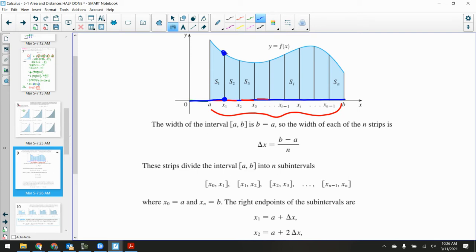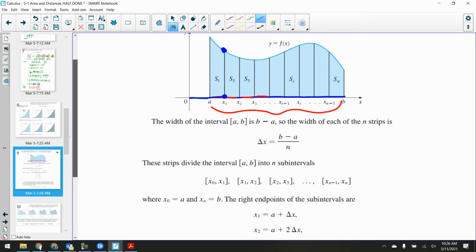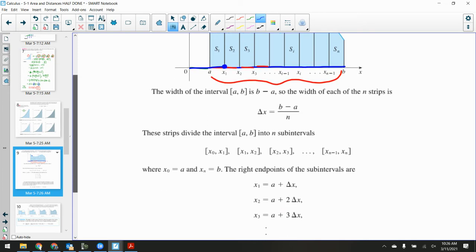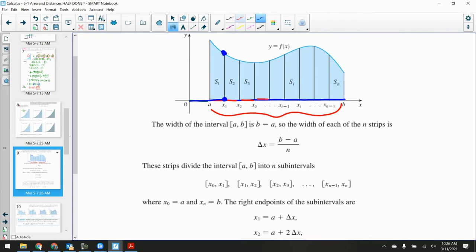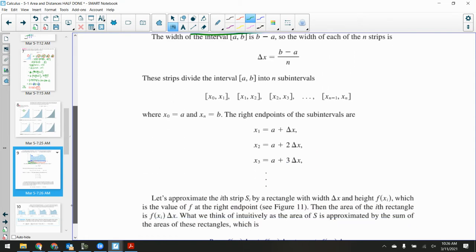So x1 is really a plus my interval, x2 is a plus 2 of my intervals, x3 is a plus 3 of my intervals, x4 is a plus 4 of my intervals, all the way up to xn, which is a plus n of my intervals.